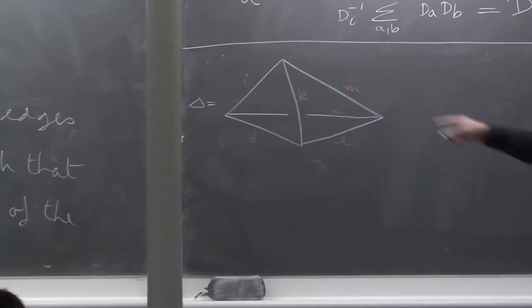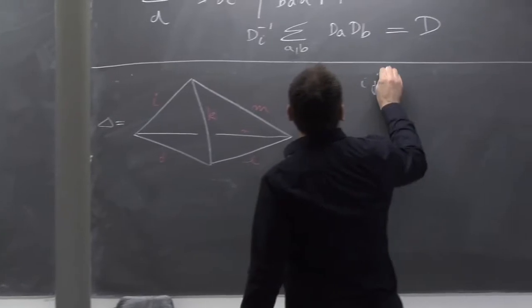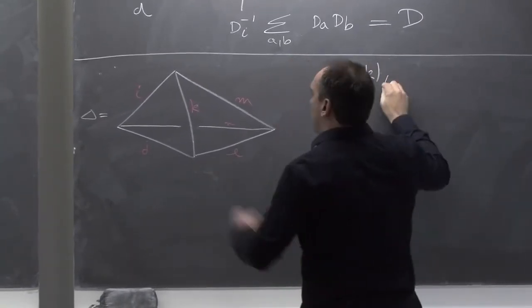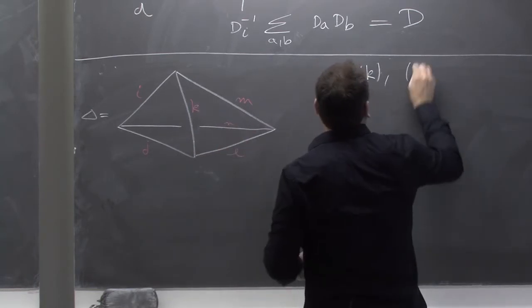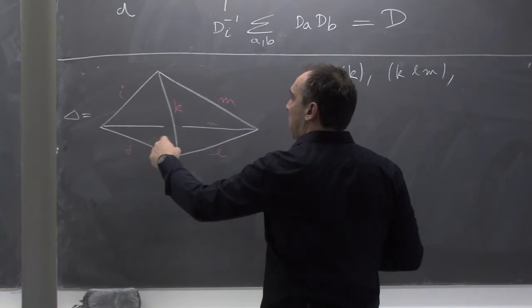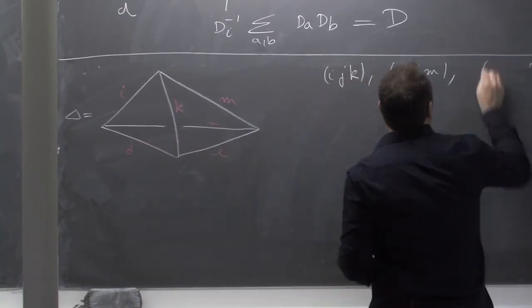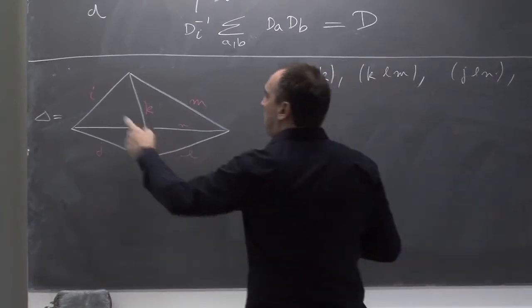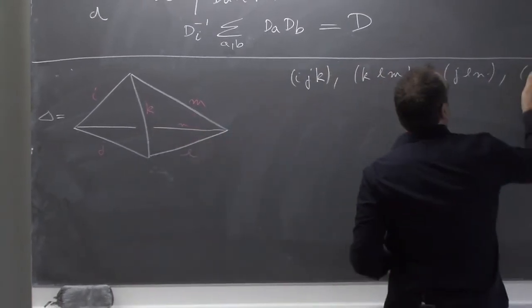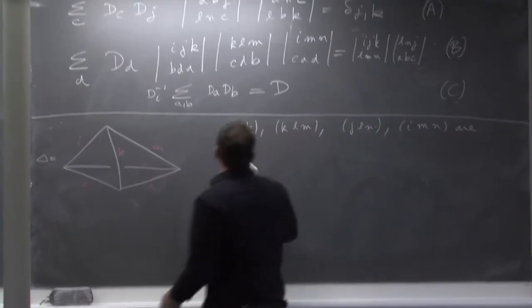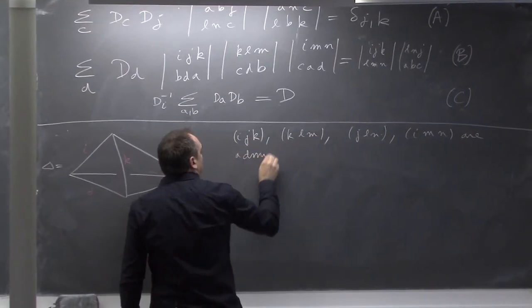So here, I, J, K, K and M, G and N, and I and N are admissible.